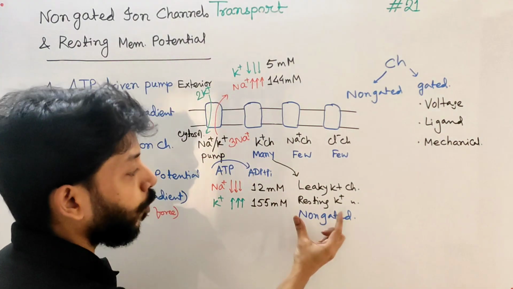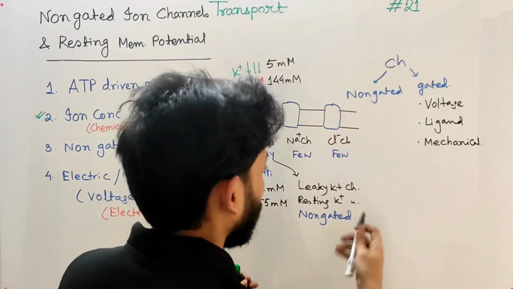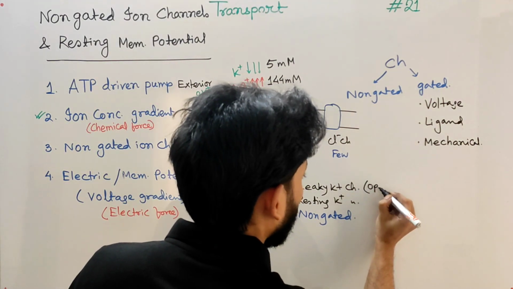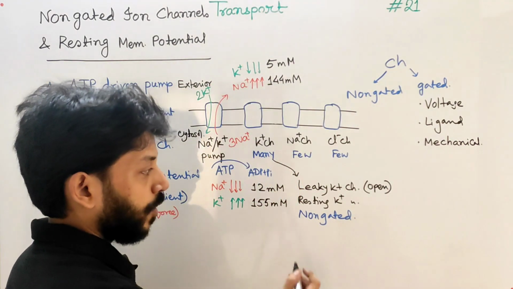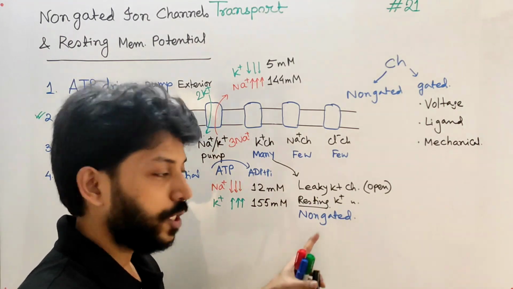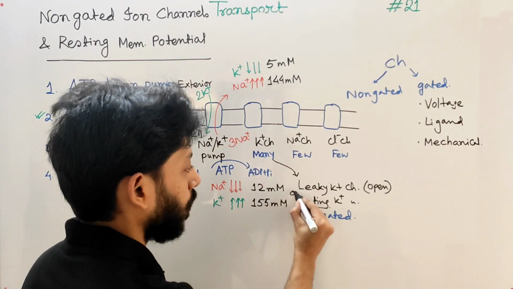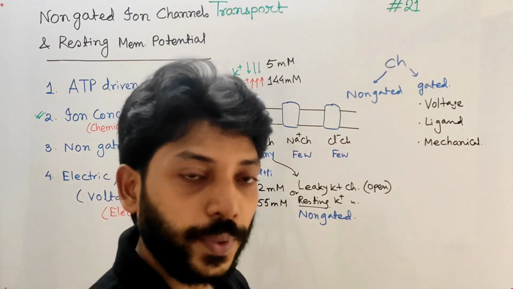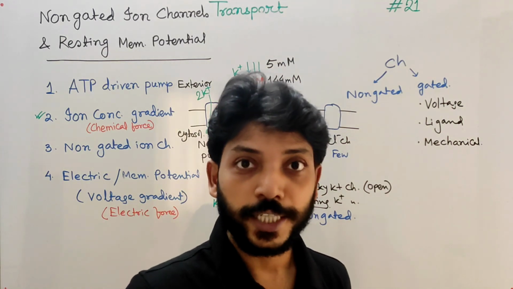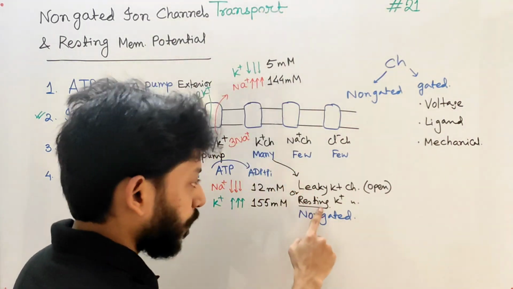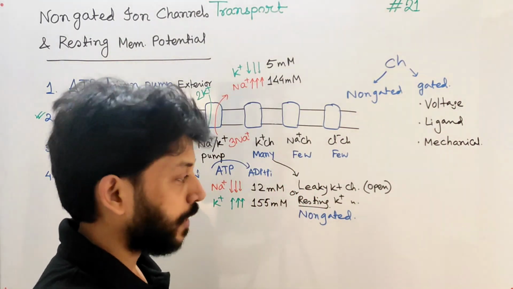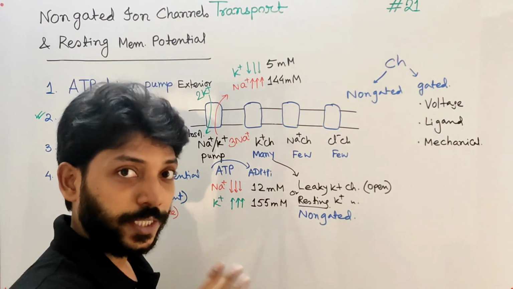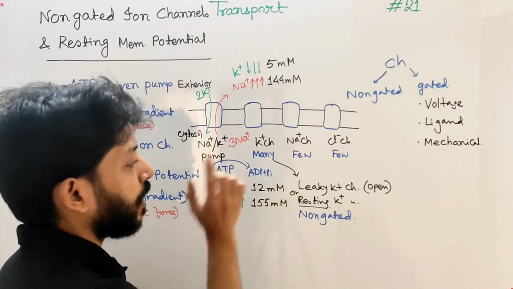They are already open, so that's why they are called leaky. Don't confuse the terminology. These leaky channels are also called resting potassium channels, but that doesn't mean they are resting in condition. No. Because they generate the resting membrane potential, they are called resting potassium channels, but they are not resting. They are in an open conformation.